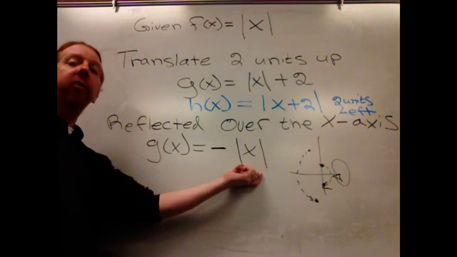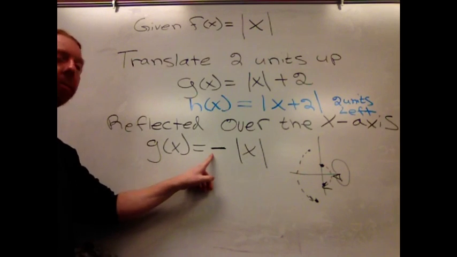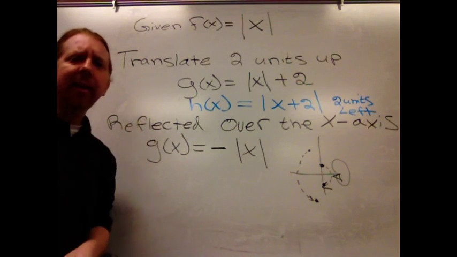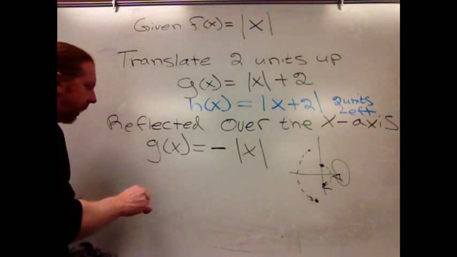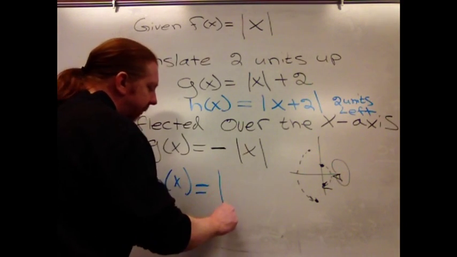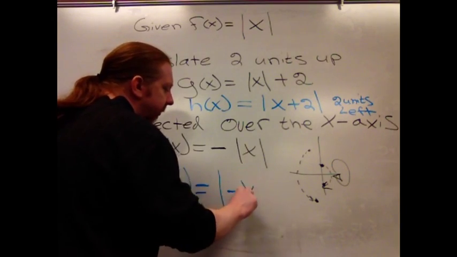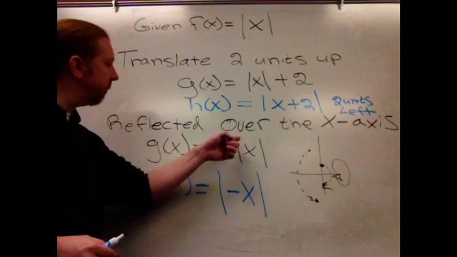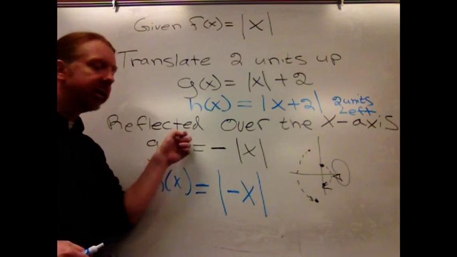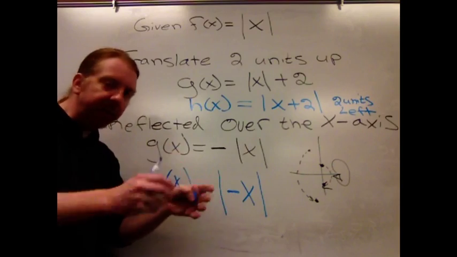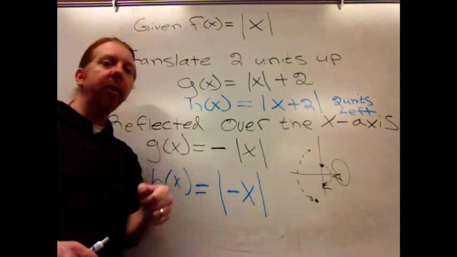So I'm going to find the absolute value, but now I'm going to be multiplying all of those outputs by a -1. And again, let's contrast that. If I were to talk about h of x as the absolute value of negative x, this would in effect be rotating it or reflecting it over the y-axis. It's inside my function. It's inside those absolute value bars.